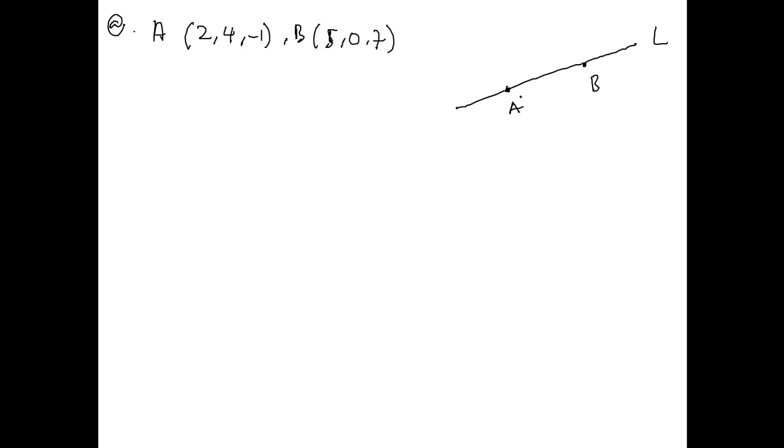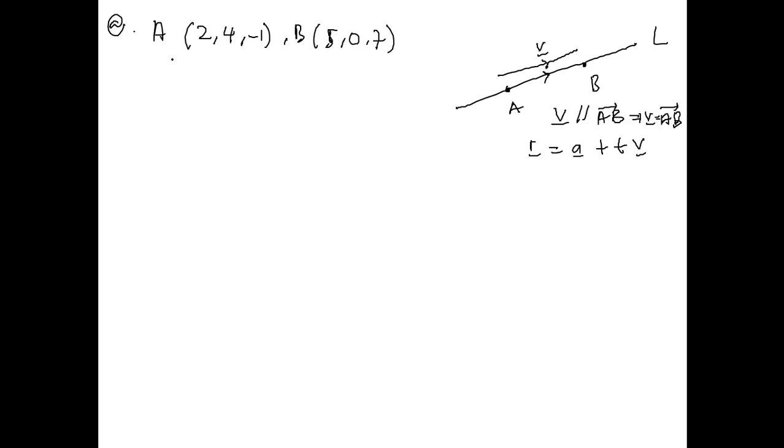The formula is r equals a plus tV. This is vector V, which gives direction to L. Here V is not given, but we know that V is parallel to vector AB, or we can say that V is equal to vector AB.